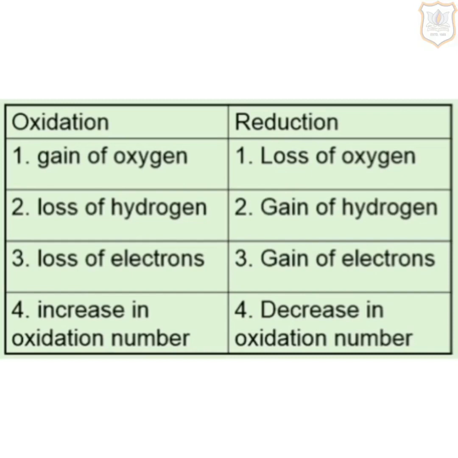Here in the third step we can see that oxidation is defined as loss of electrons and reduction is gain of electrons. And in the last, oxidation is defined as increase in oxidation number and reduction is decrease in oxidation number.